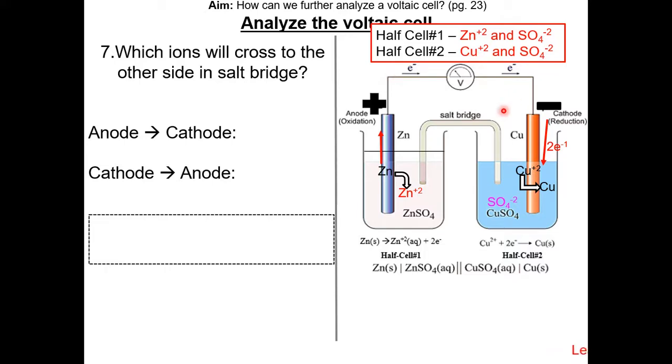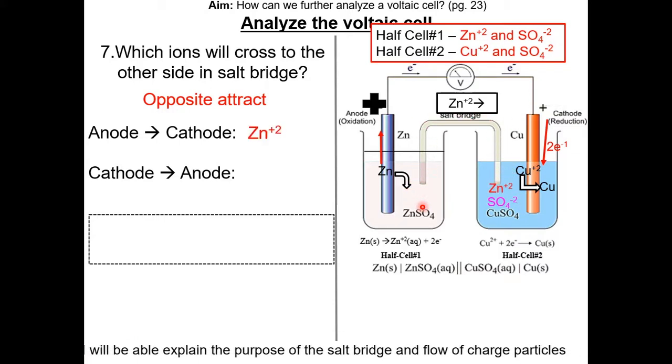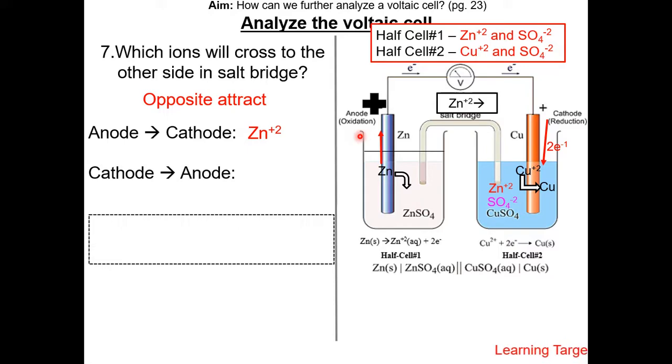Since the cathode is becoming more negative, a positive ion in half cell number 1 will cross the salt bridge because of opposites attract. The positive ion is zinc positive 2. It is attracted to the negative cathode. Since the anode becomes positive over time, a negative ion in half cell number 2 will cross the salt bridge.